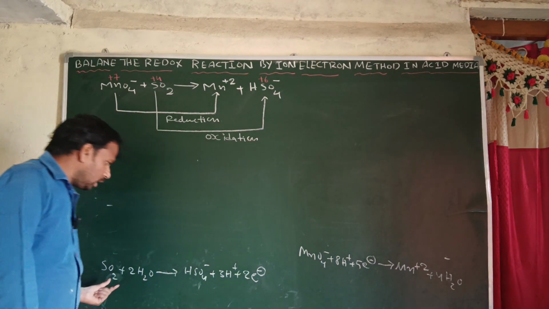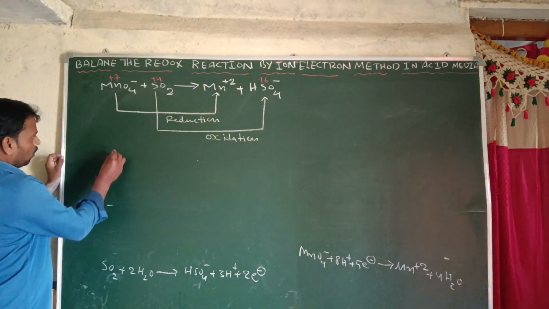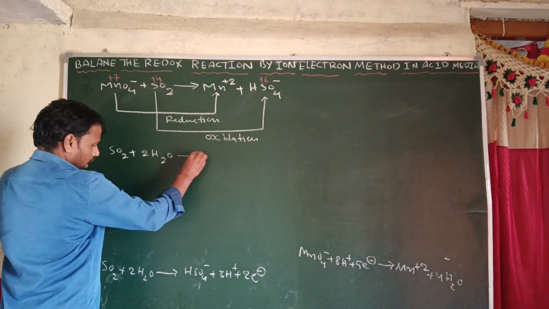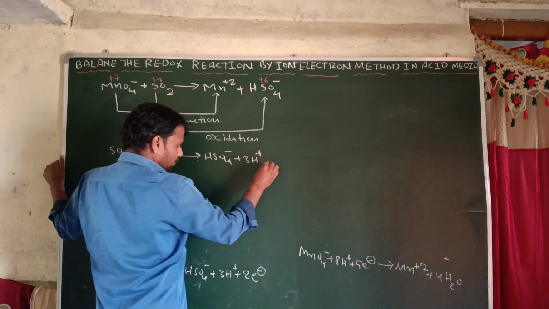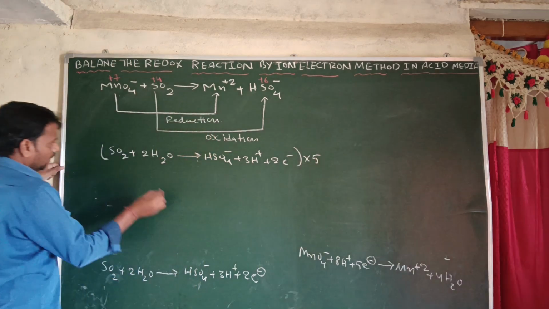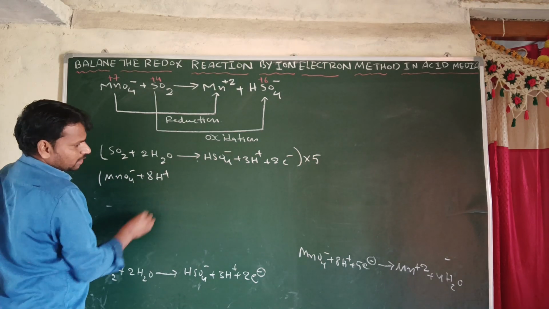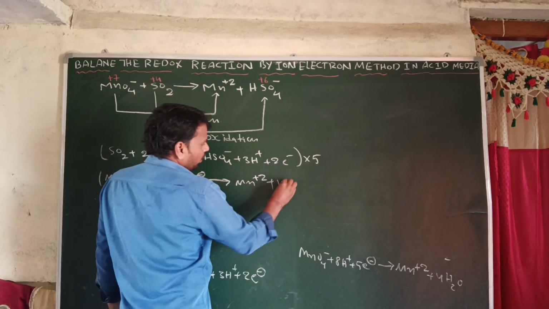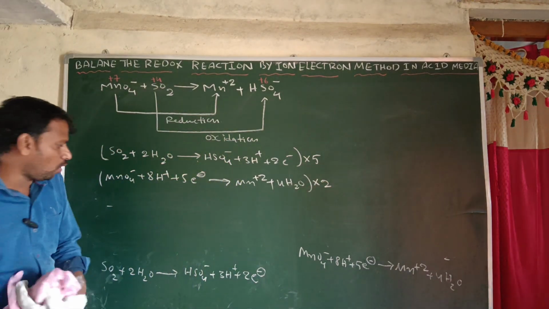This total equation is multiplied by 5, and the other equation, MnO4 minus plus 8H plus plus 5 electrons gives rise to Mn2+ plus 4H2O, is multiplied by 2. So after multiplying, what do we get?